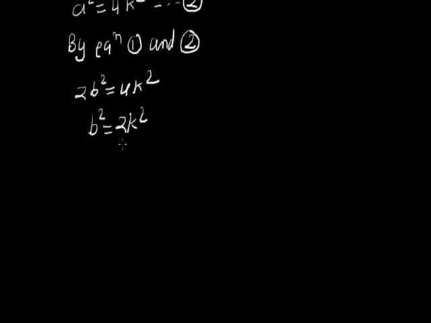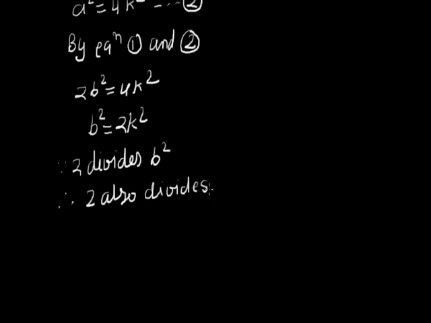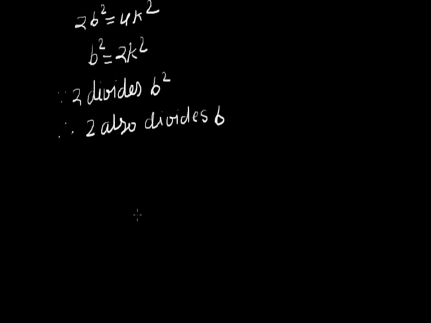In a similar way, we can say that 2 divides b square. Since 2 divides b square, 2 also divides b. It means b is also a multiple of 2. Now, from the two relations, 2 divides a and 2 also divides b.